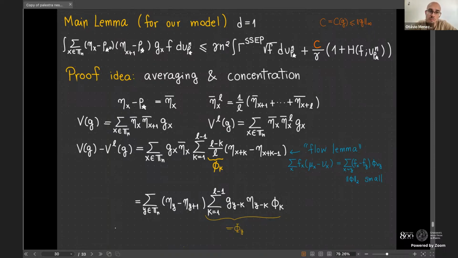So the idea is to spread those sums and replace each of those terms by a spatial average, then bound the spatial average in terms of entropy plus the concentration inequality, as we have done in the corollaries at the beginning.